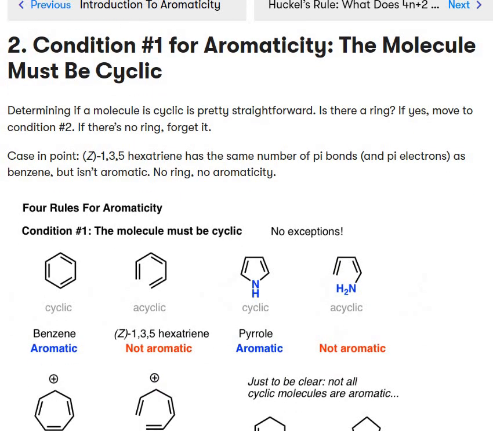Determining if a molecule is cyclic is pretty straightforward. Is there a ring? If yes, move to condition 2. If there is no ring, forget it. Case in point, Z-1,3,5-hexatriene has the same number of pi bonds and pi electrons as benzene but isn't aromatic. No ring, no aromaticity.